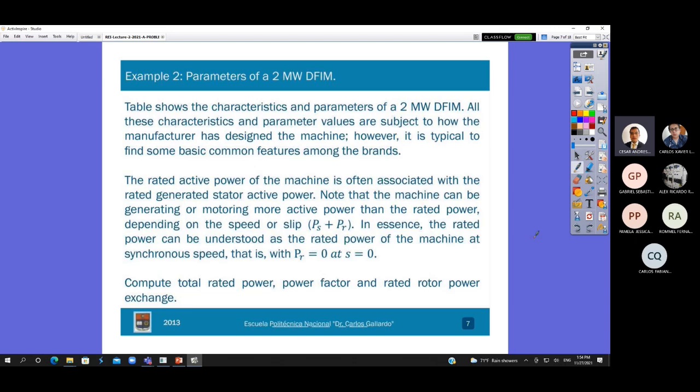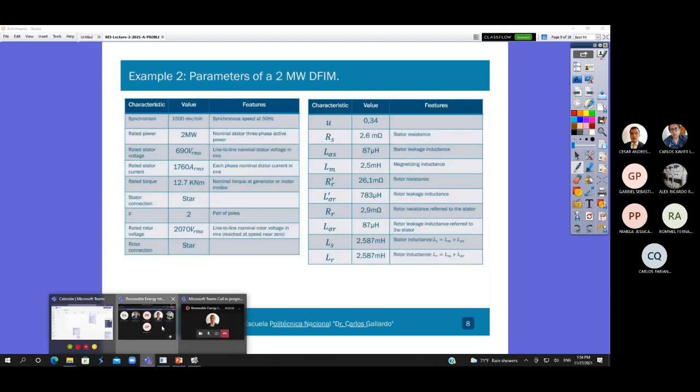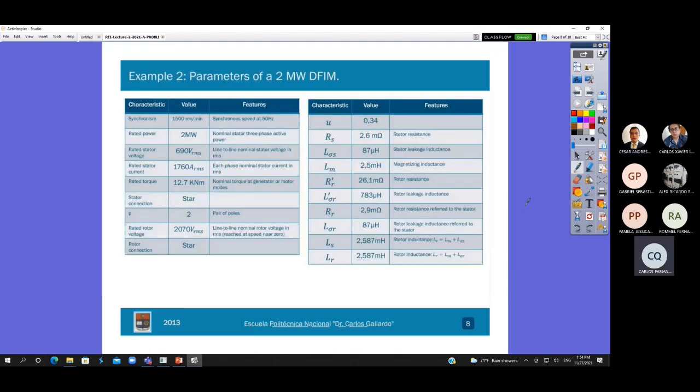Compute total rated power, power factor, and rated rotor power exchange. Okay, and this is the data, the same data from problem 2.